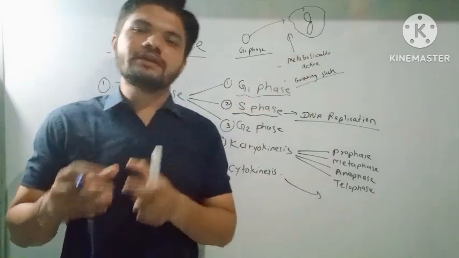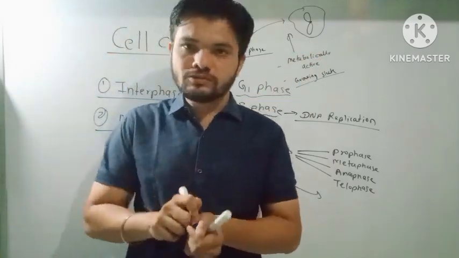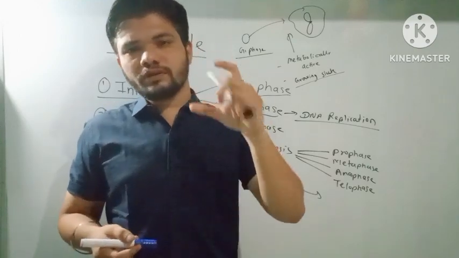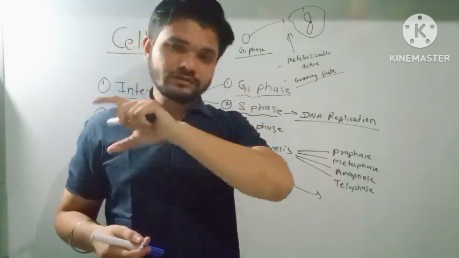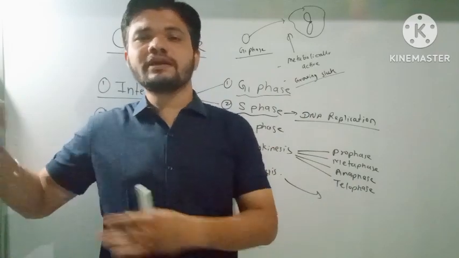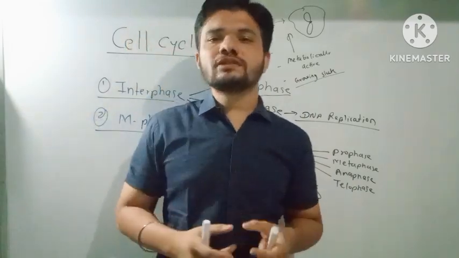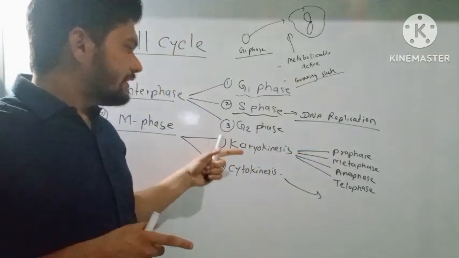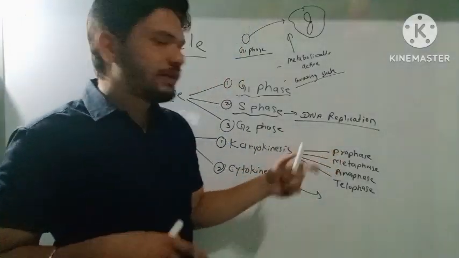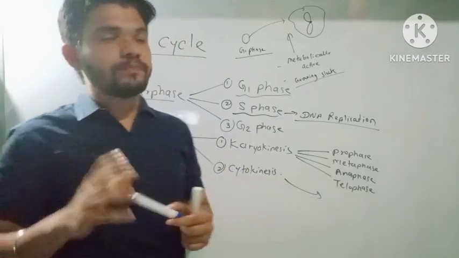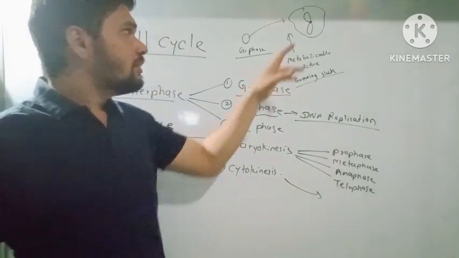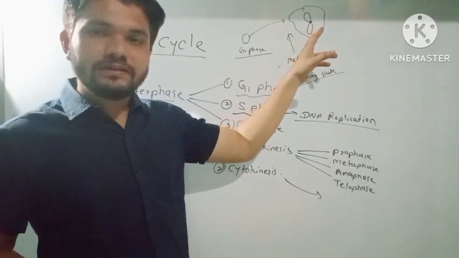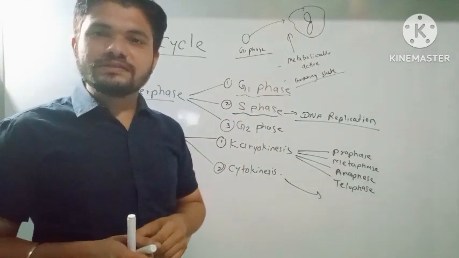Although, when we observe the cell in the G1 phase, you cannot see the chromosomes because they are in a decondensed form. So you will see the chromatin material. Once it gets condensed in the prophase, then you can observe the chromosomes. But still, the chromosome will be in this state in the G1 phase.